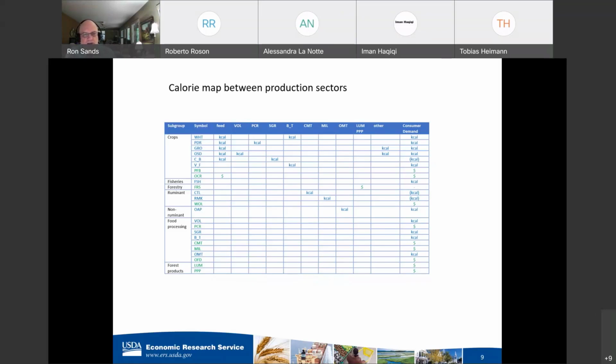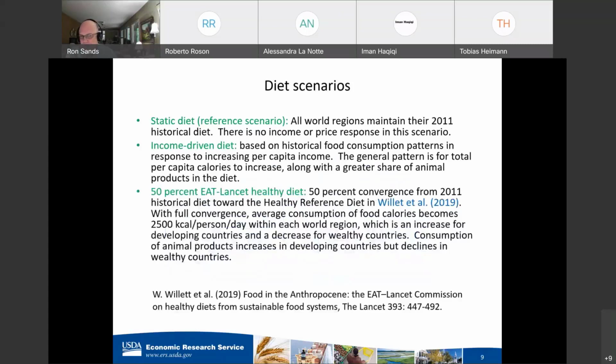So we do end up with a social accounting matrix in monetary values, but you can always map back to quantities in these blue rows, and you can calculate calorie implications in physical units for those.